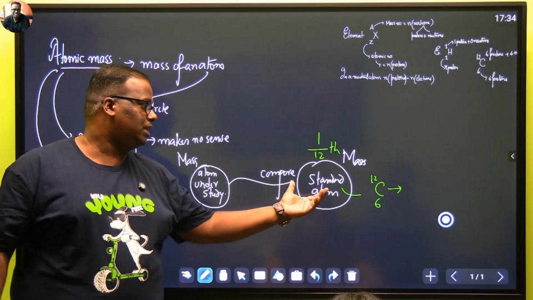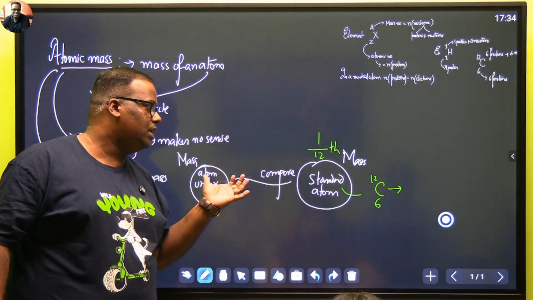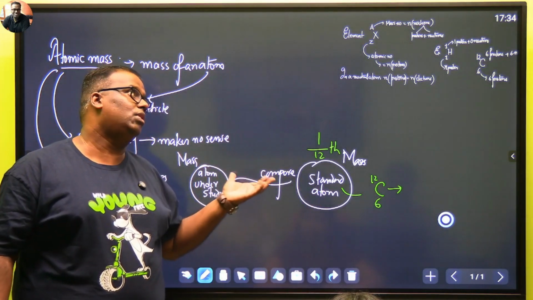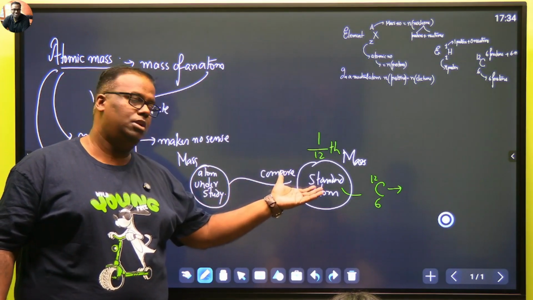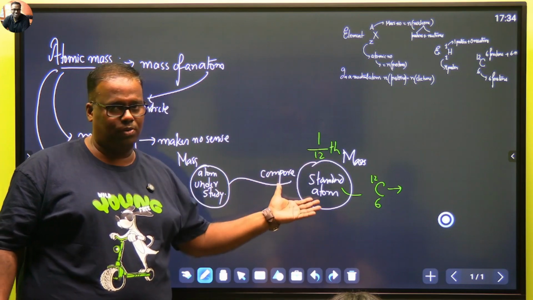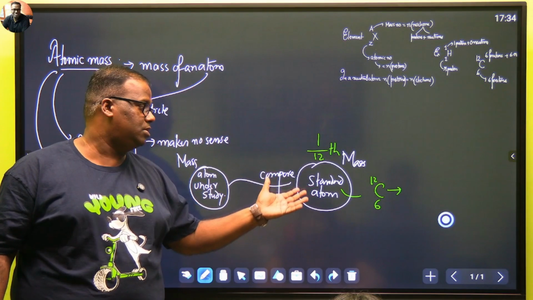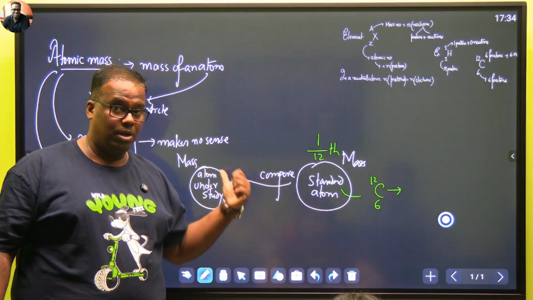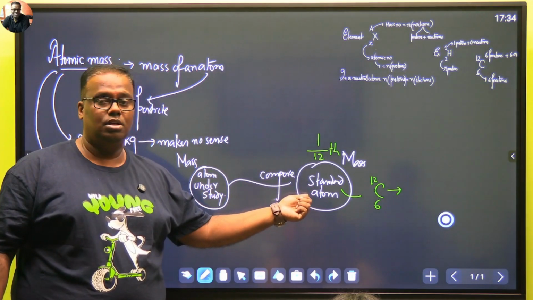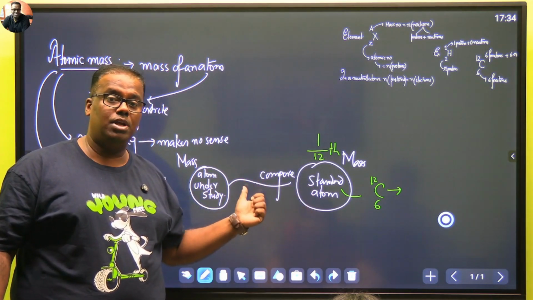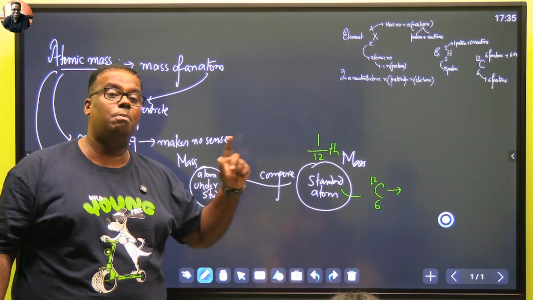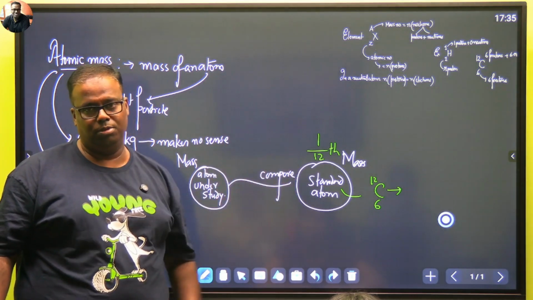Now, if I've taken it as standard, I compare everything as to how many times it is heavy or light with respect to 1/12 of carbon. I don't compare it with carbon directly. Like if I compare hydrogen with carbon 12, I don't compare hydrogen straight away with carbon 12. I compare with 1/12 of carbon 12.